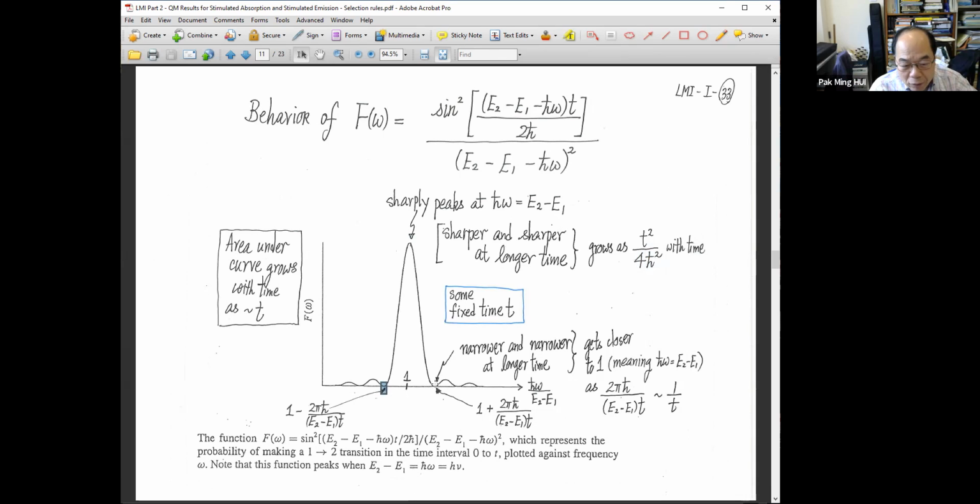The first zeros, it drops. Okay, now the first zeros will be where the sine of this thing is zero, when this argument is like sine theta, when this argument is plus pi or minus pi.